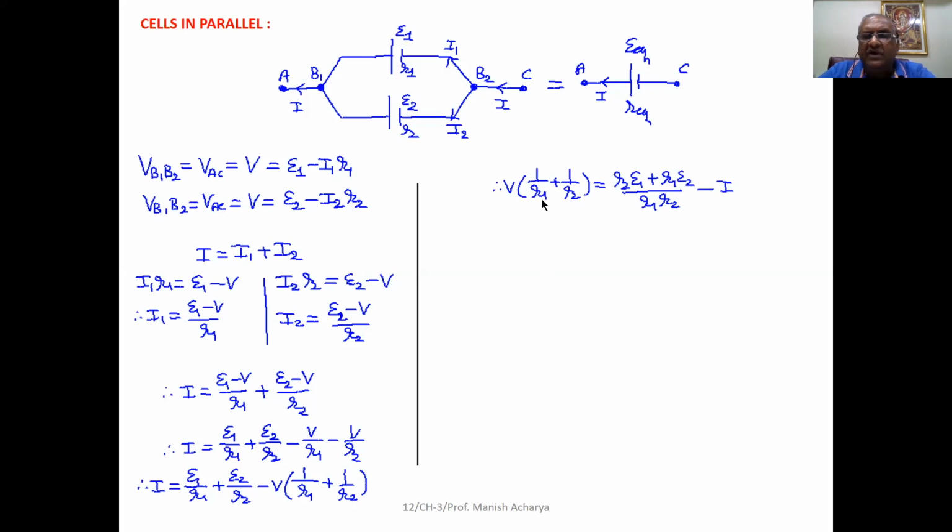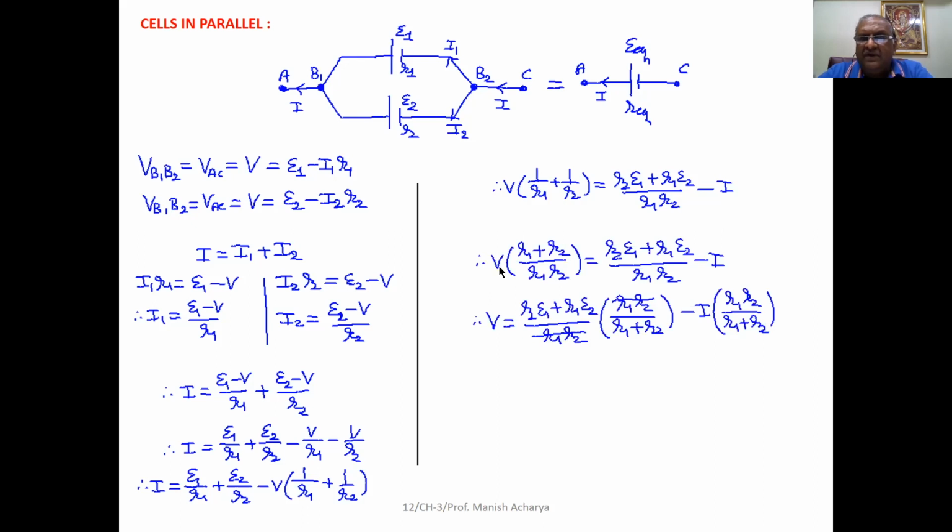So V into 1 upon R1 plus 1 upon R2 is equal to this E1 upon R1 plus E2 upon R2, which is directly written as R2 E1 plus R1 E2 upon R1 R2, minus I. Therefore, V into, here again R1 R2 is taken as LCM, so R1 plus R2 upon R1 R2, equal to R2 E1 plus R1 E2 upon R1 R2.